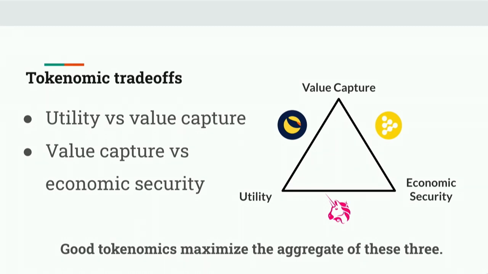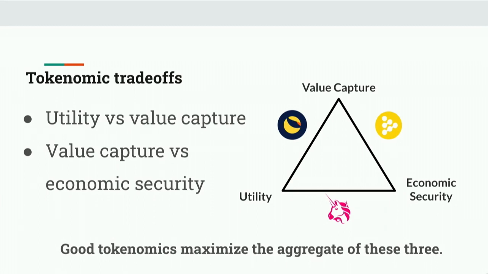So I have a few logos up here on the left. That's Terra, Luna. They had, as I just described, utility and value capture, but they didn't have economic security. They hadn't maximized the aggregate of these three. On the bottom, you've got Uniswap, which is very useful and is secure, but doesn't capture very much value at all.